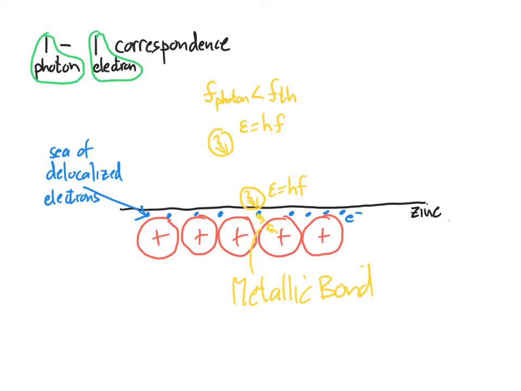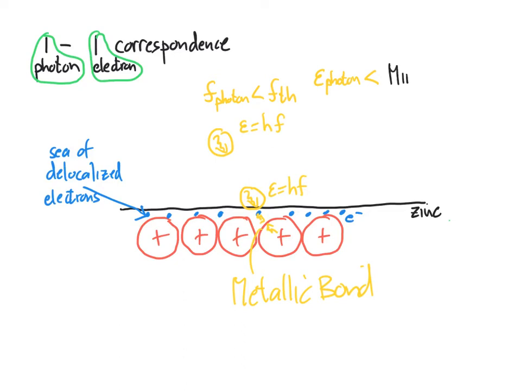Now, the reason for that is that the energy of the photon is less than the minimum energy required in order for the metallic bond to be broken.